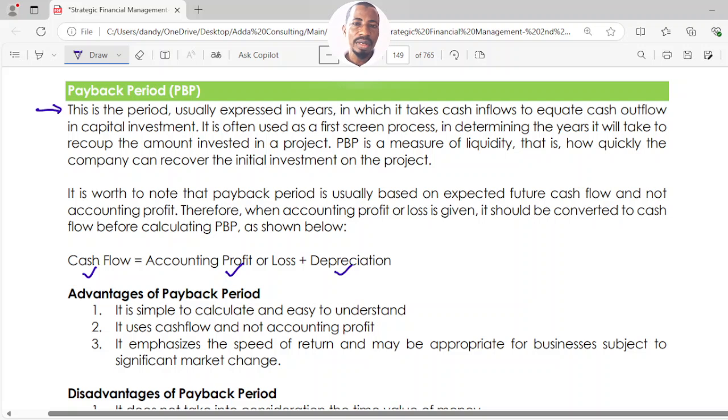Again, if you're asked to calculate accounting rate of return, in most cases, you may be given cash flows. So you are expected to convert them to accounting profit or loss before computing the accounting rate of return. When we get to ARR, accounting rate of return, I will explain that so that it will be clearer. All right. So that's that.